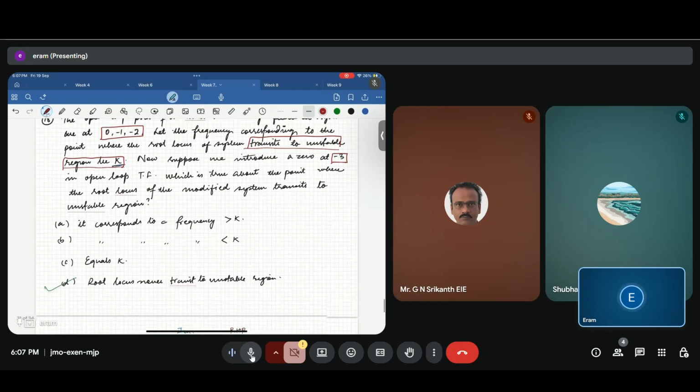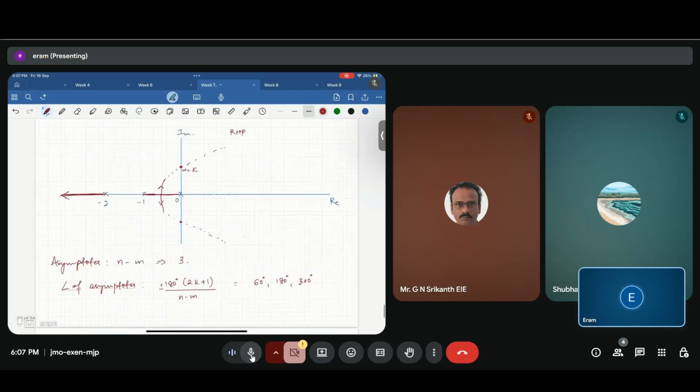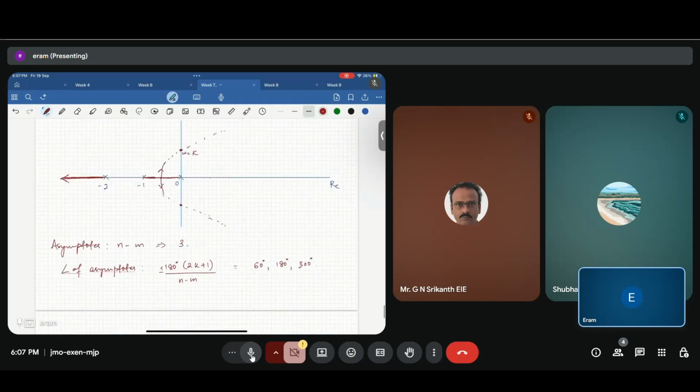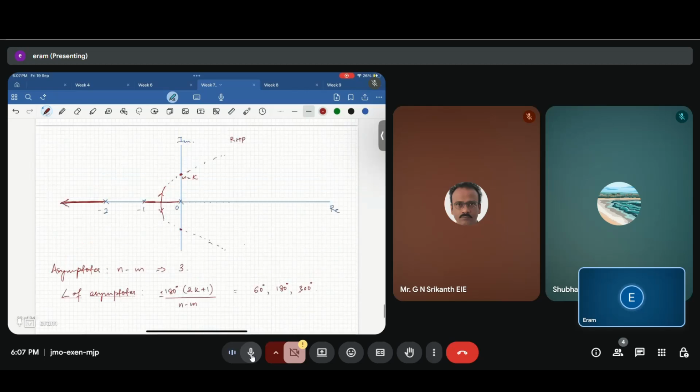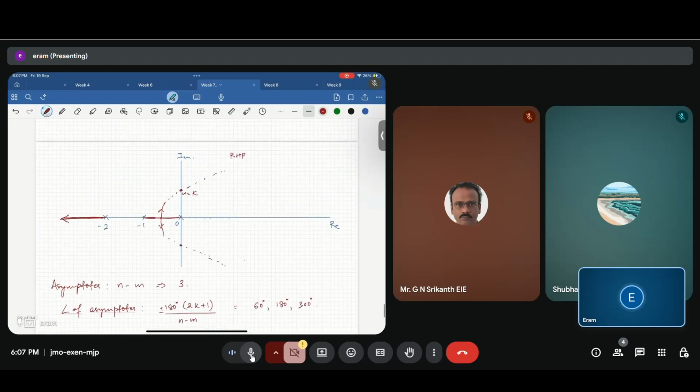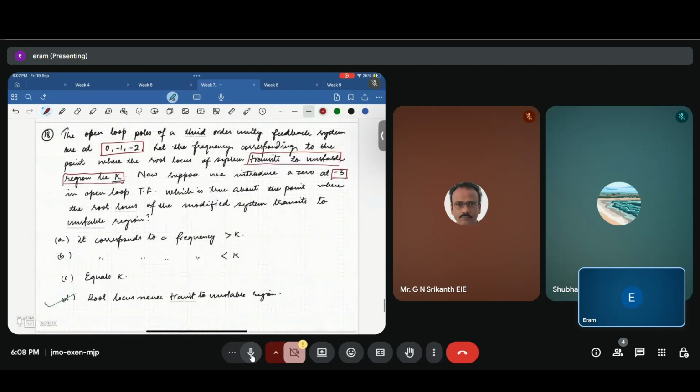Okay, so by solving it, we calculated the asymptotes. So the number of asymptotes for the previous case will be equal to 3 because we have poles at 0, -1 and -2. So n equals 3 and m equals 0, that is, there are no zeros.